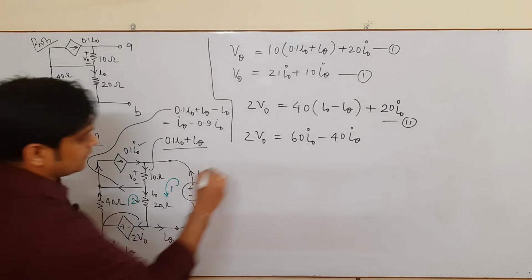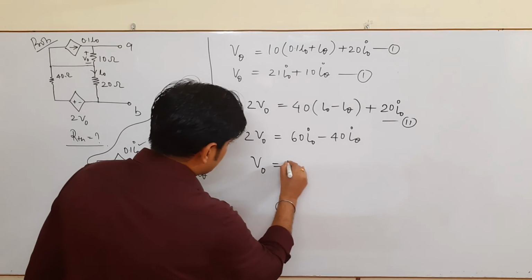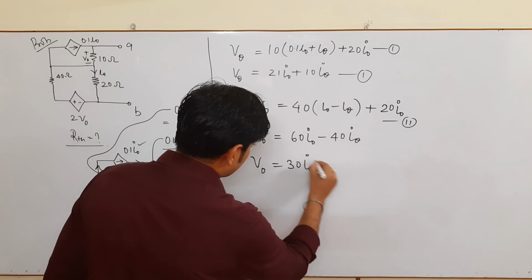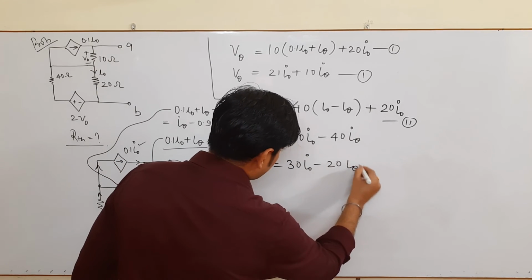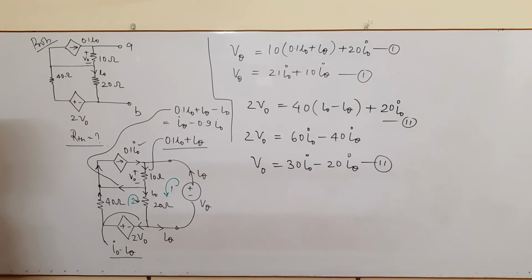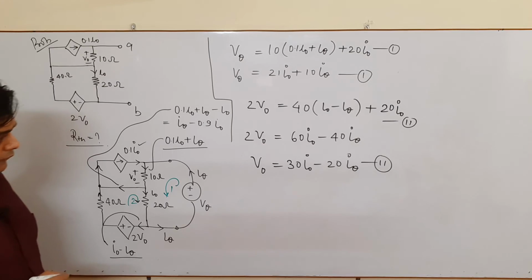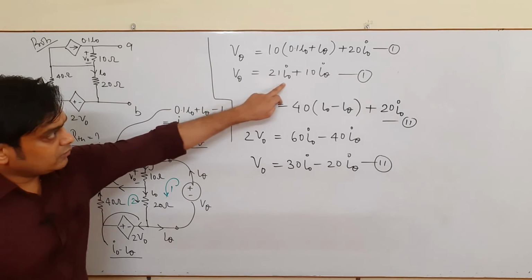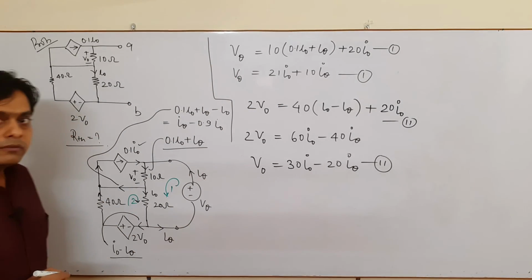So that comes to be V naught is equal to 30 I naught minus 20 I theta. This is our second equation. Now we have the first equation and the second equation. Finally we have to find the relation between V theta and I theta, so we have to find the value of I naught in terms of either I theta or V theta.